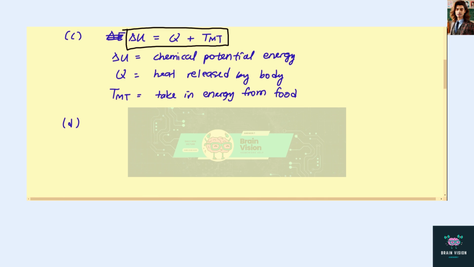So the equation is 0 equals Q plus TMT plus TET plus TER.